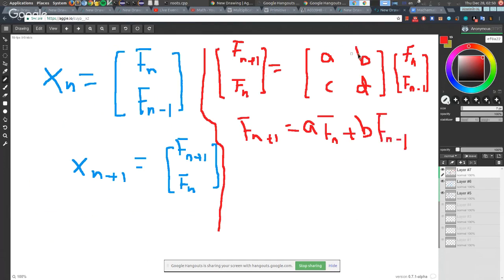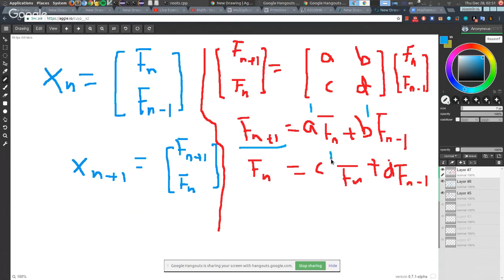This comes from the definition of the matrix multiplication. As we can see, we can put a equal to 1 and b equal to 1 by using the definition of the Fibonacci here.